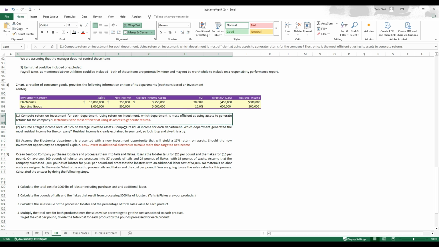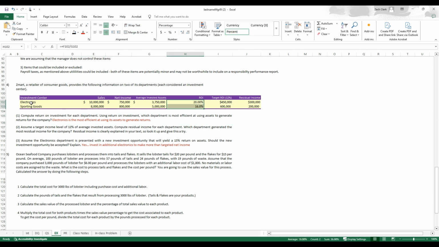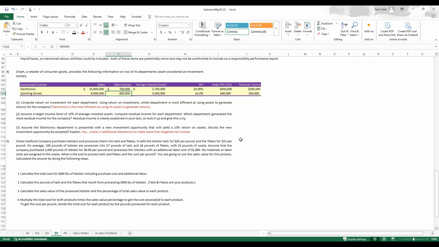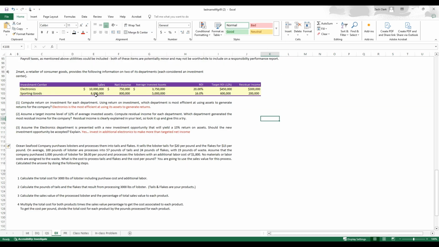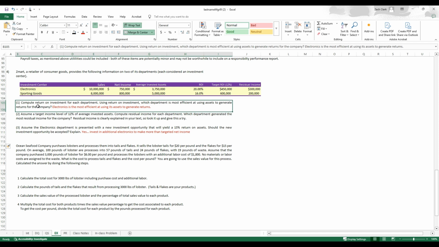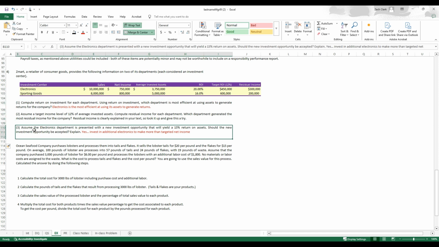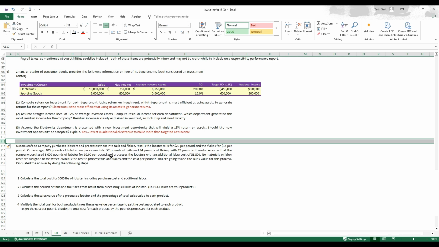It's just saying that it is more efficient, with a higher return on investment. Sporting goods is still contributing, making net income. Sometimes there's value to having a varied mix, you get more customers in the store, or more customers buying from your company, maybe if they have some crossover between these two things. So there's value beyond just the direct financial incentive sometimes.